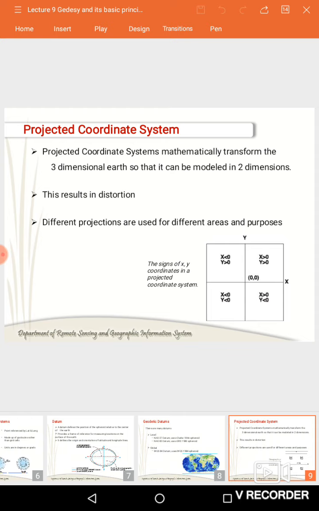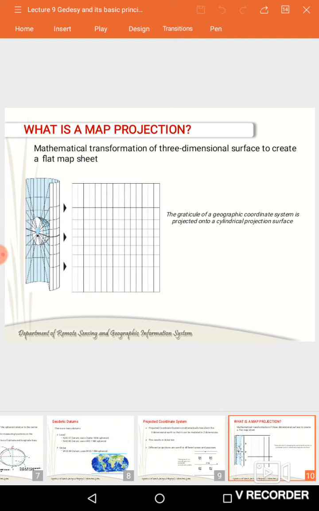And this projection has different types, and different types of projections are used for different areas and purposes, depending upon the area and purpose.